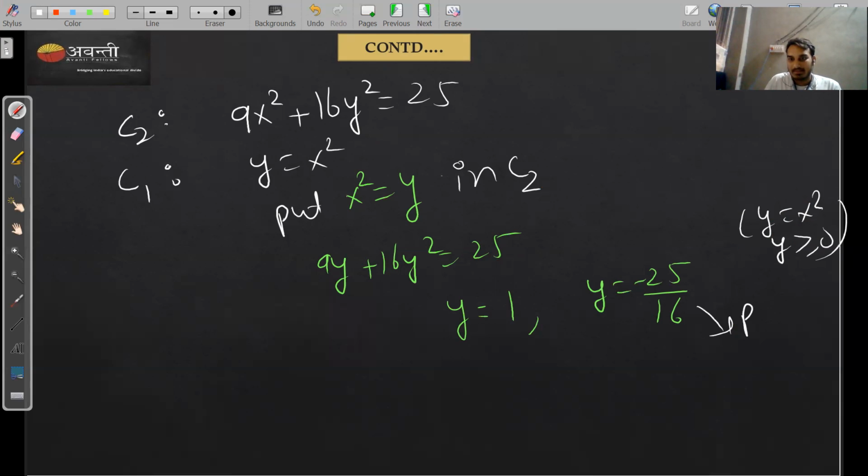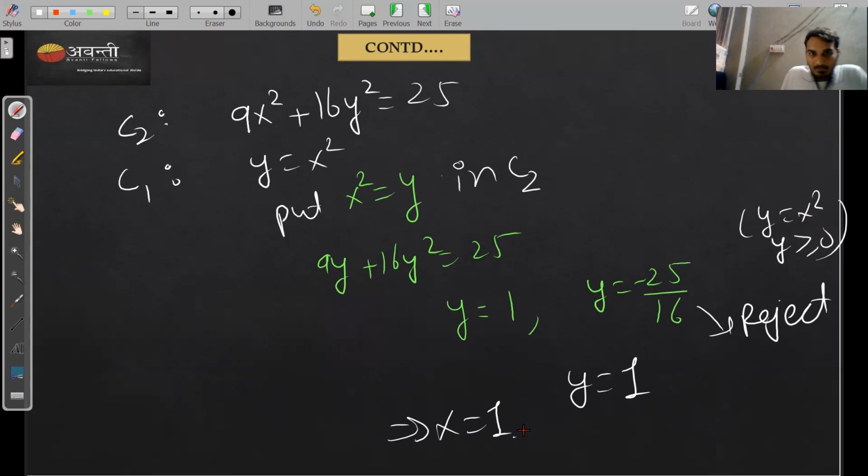So that's why we can reject this. So y is 1, which implies x is also 1, right? Okay, so now how do you find the equation?